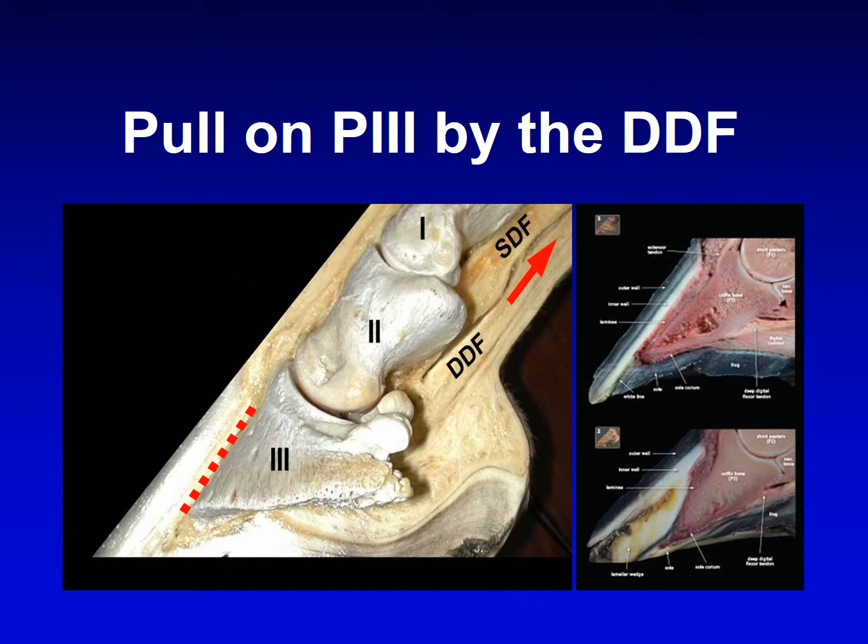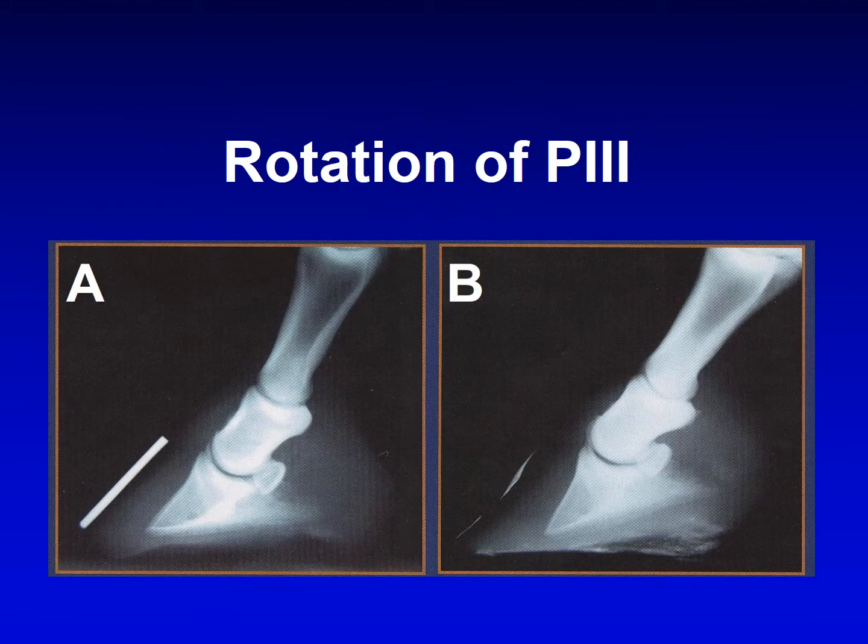Let's look at the case using radiographs. This is the normal relation between the hoof wall, which is here, and P3 or the coffin bone. See, this is the parallel relationship between them.